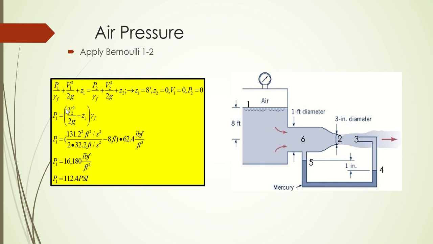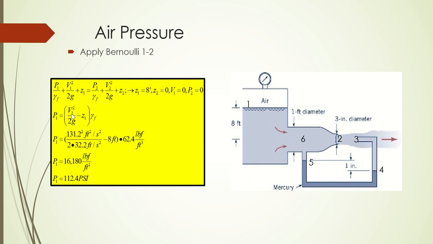So therefore, if I solve this expression for the value of P1, it's simply V2 squared over 2g minus the elevation difference Z1, times gamma of my fluid. And this information is known.